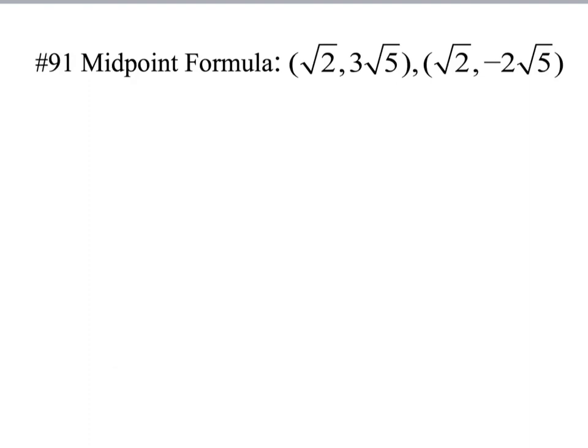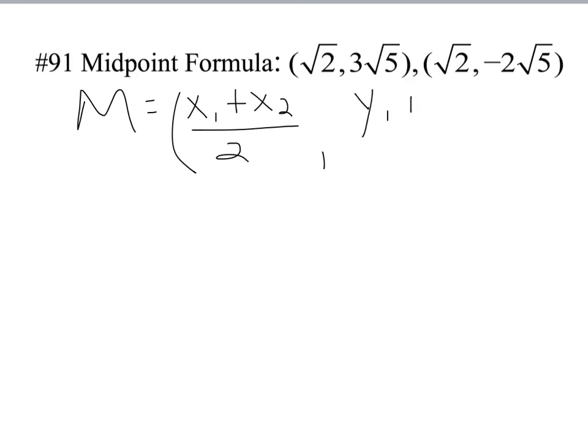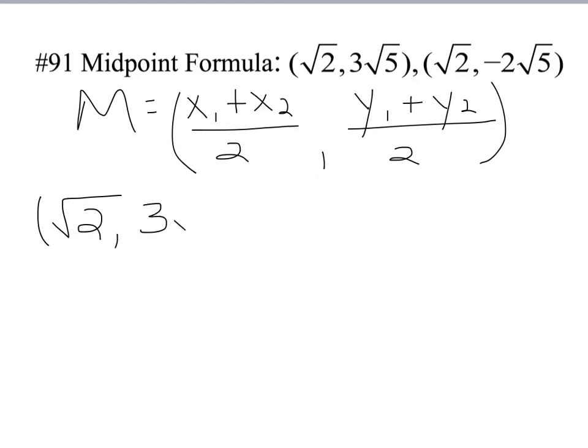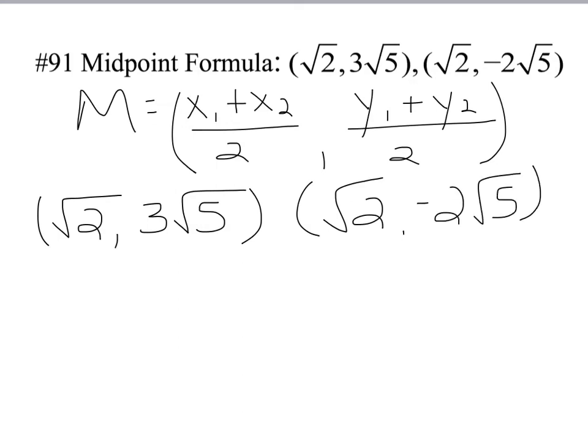All right, last but not least, we're going to go ahead and do the midpoint formula one last time. So I have the midpoint formula is x1 plus x2 over 2, y1 plus y2 over 2. The first thing I'm going to do again is go ahead and write my 2 points down here and label them so I don't get confused when I'm plugging in. x1, y1, x2, y2.